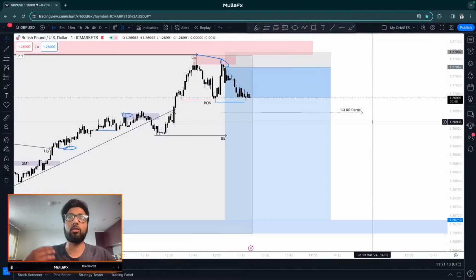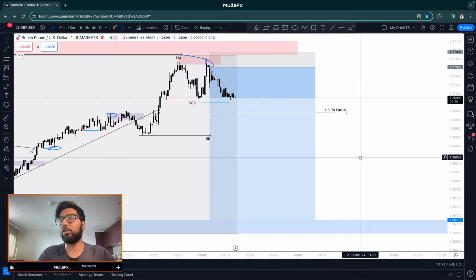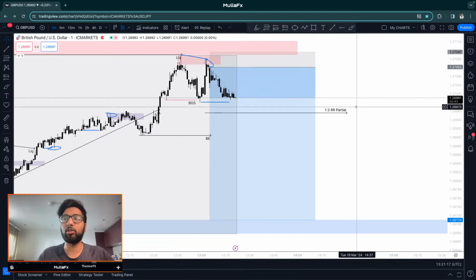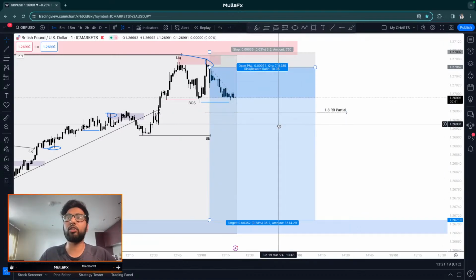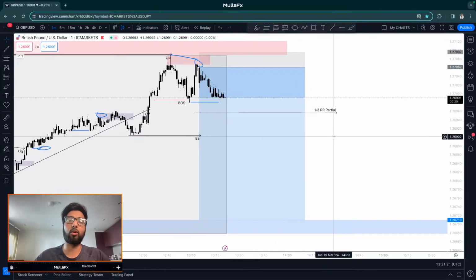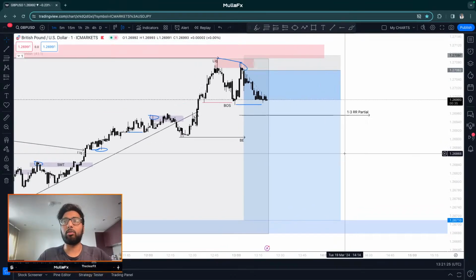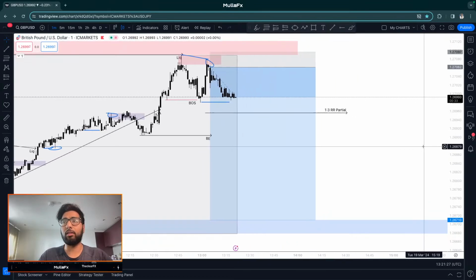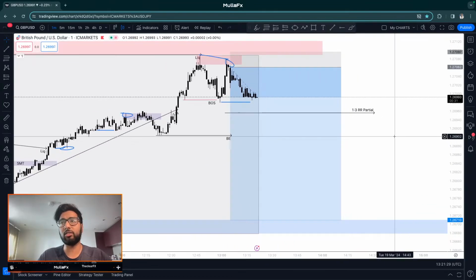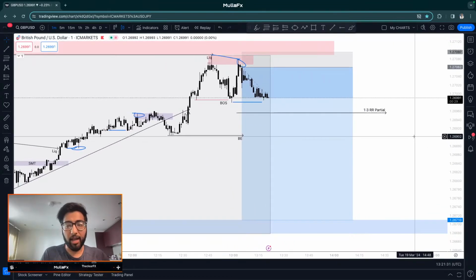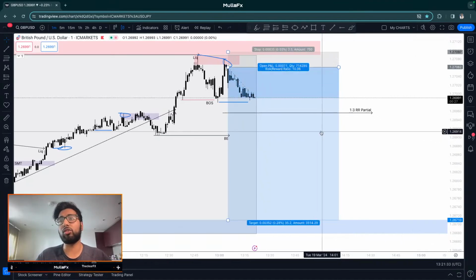I saw he's a very good trader, and I started to implement the way he takes his partials and his risk to reward ratio, especially if you're trying to get funded or grow an account. I think this is a really good method of trading. So I started to implement the trading style into my own trading style, just because I have been having quite a large losing streak.